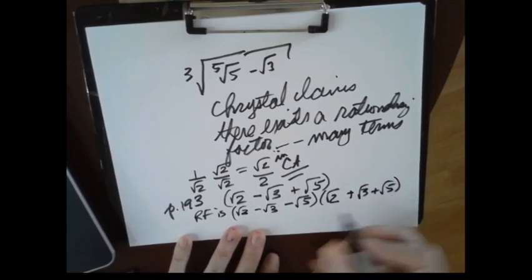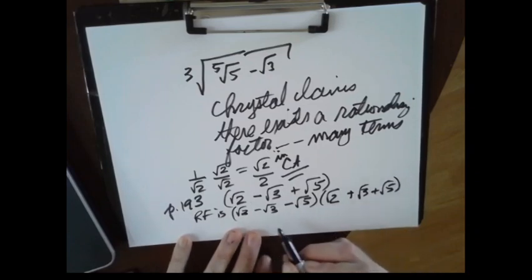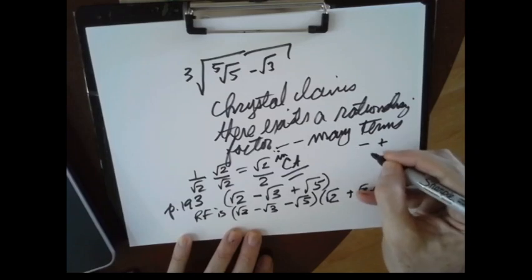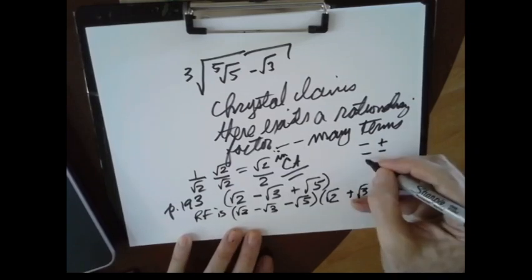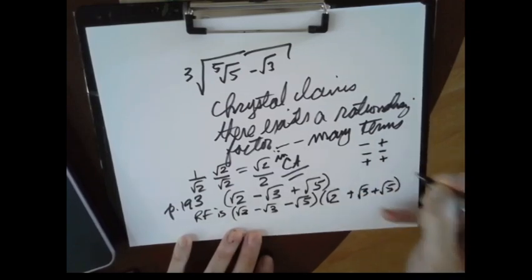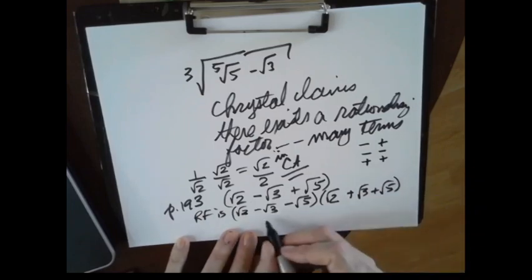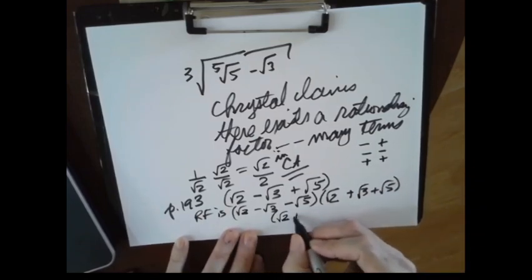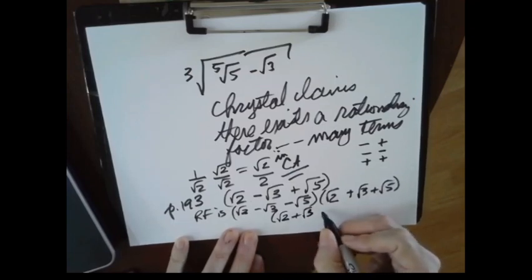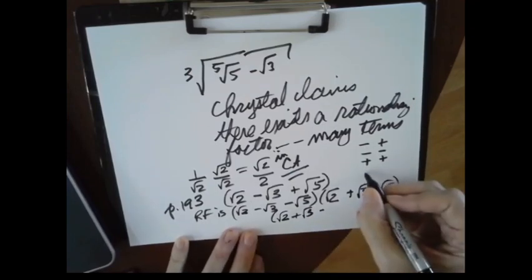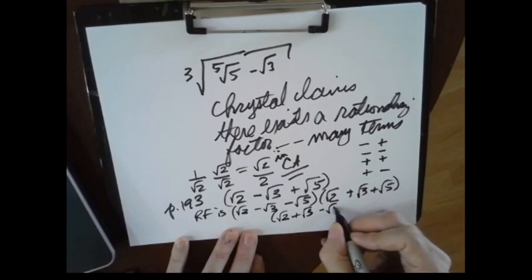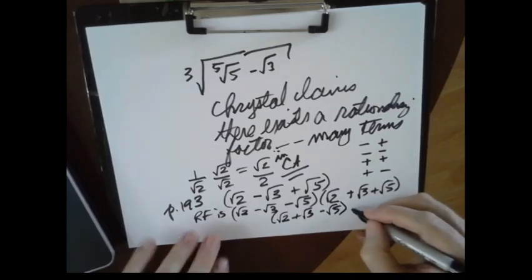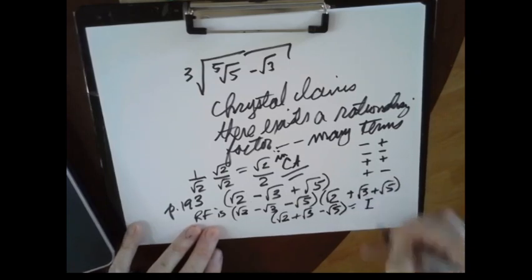You do all the sign variations. So there's a minus and a plus. There's a minus and a minus and a plus and a plus. And I think there's one more: the square root of 2 plus the square root of 3 minus the square root of 5. You multiply all those and you're supposed to get an integer.